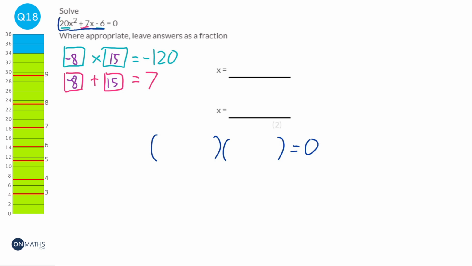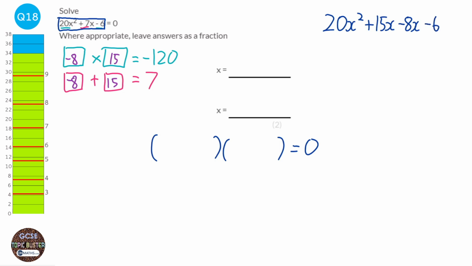We're going to copy out the quadratic on the left-hand side, but this time, instead of writing plus 7x, we're going to write plus 15x minus 8x. I'd recommend you always put the negative first, but I'm going to show you here what happens if you don't. So I'm going to highlight the first 2 terms because we're going to factorise those, and we're going to factorise the second 2 terms separately.